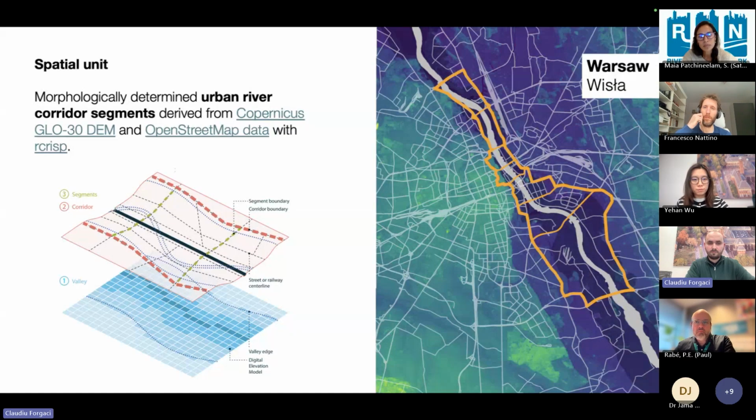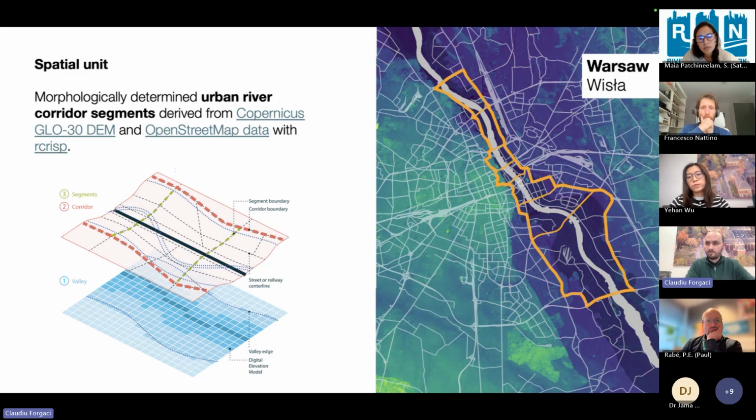Here, the case of Warsaw, also starting from the valley level and then going to the corridor, and then using Rcrisp to have more segments.